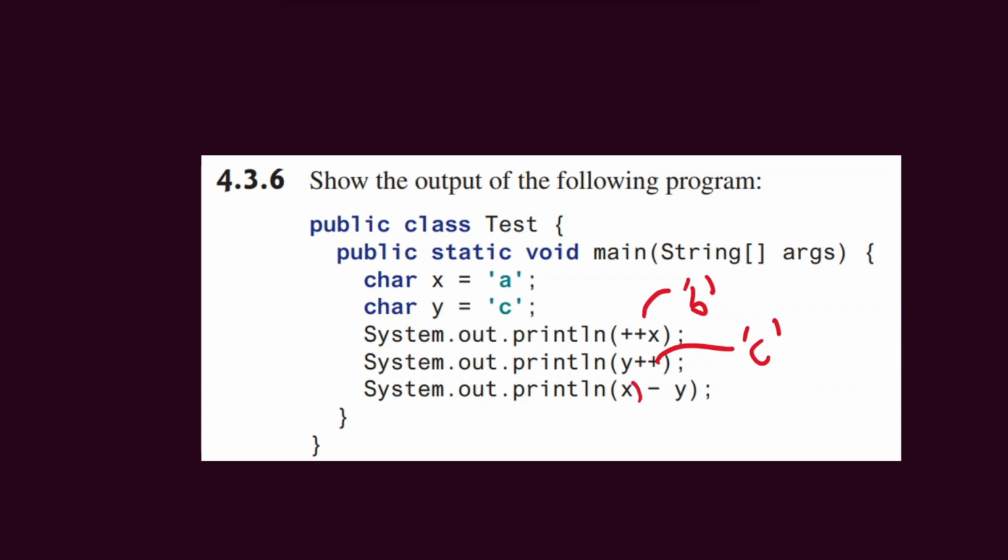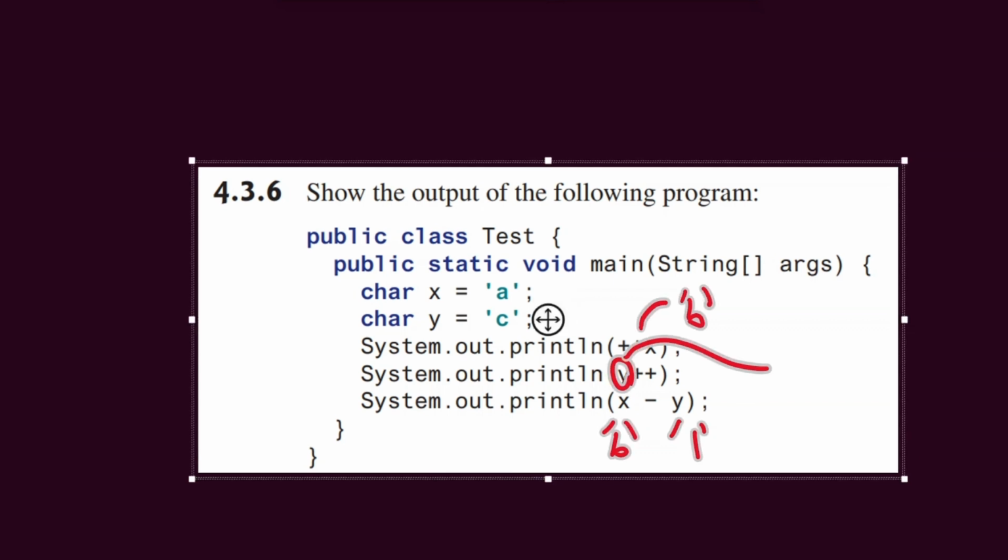All right, now we can find out what x and y are going to be equal to. So x is b, y is d, and a lot of you may make a mistake by declaring y to be c, but no, y is d, because the print statement focuses on this y. So this prints out c, and then it continues the code and increments y by 1.